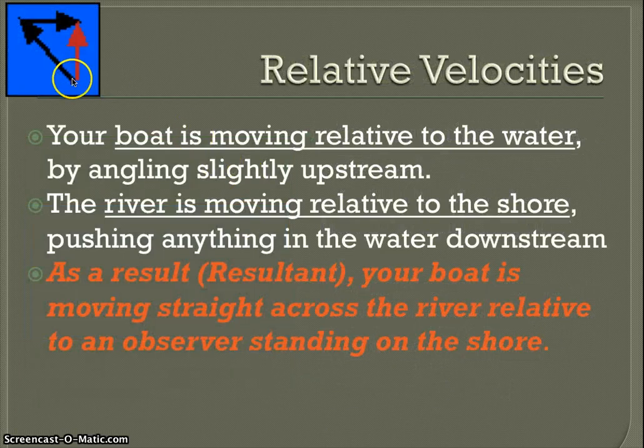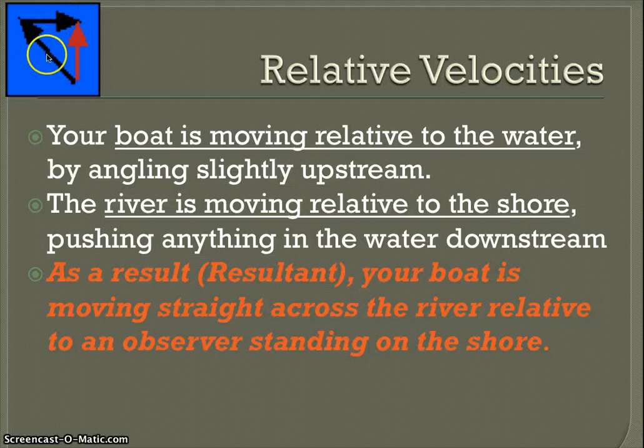Now your boat is moving relative to the water by angling slightly upstream, and the river is carrying you downstream, pushing anything downstream, and the result is you moving straight across. So you can see that there are basically three vectors here, and as with the previous example, the resultant is not always going to be the hypotenuse.